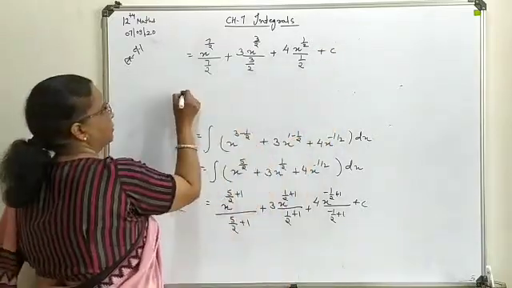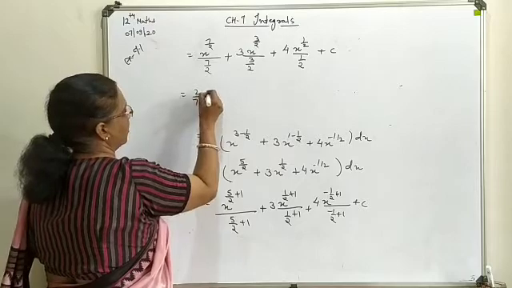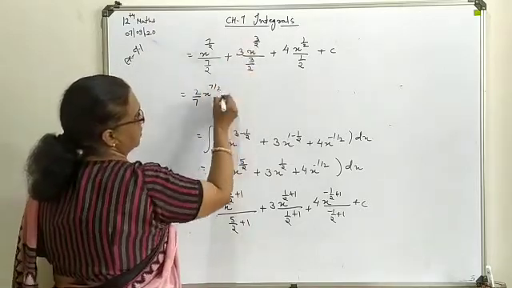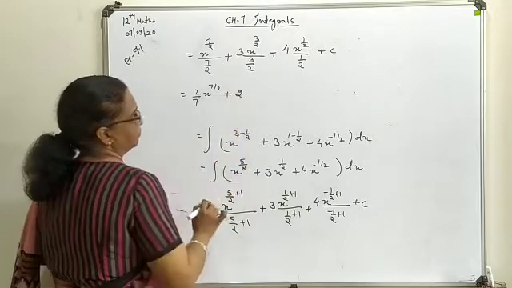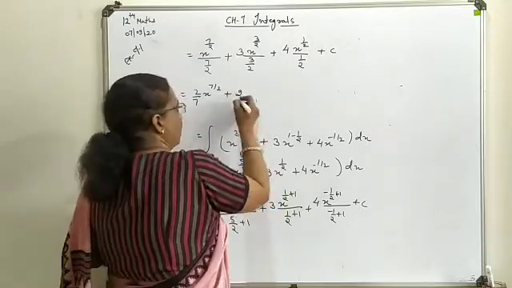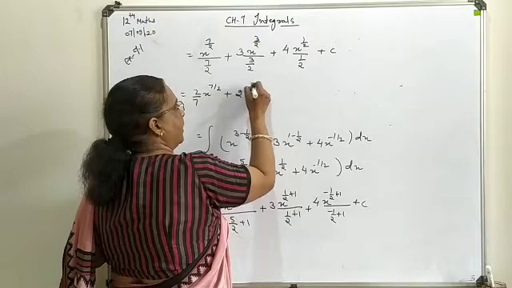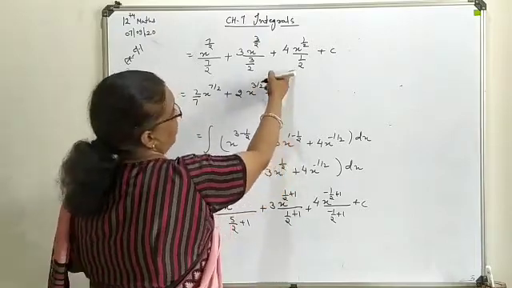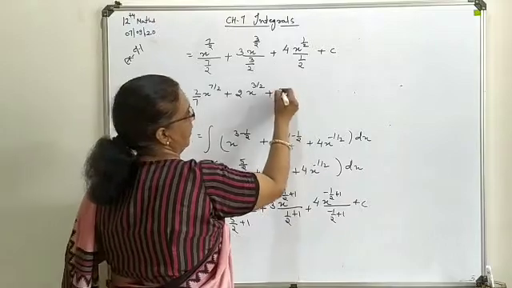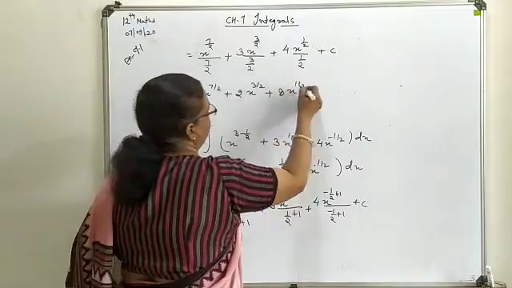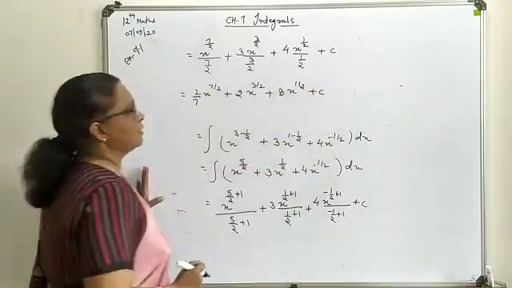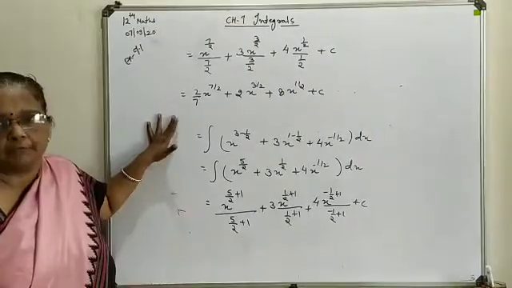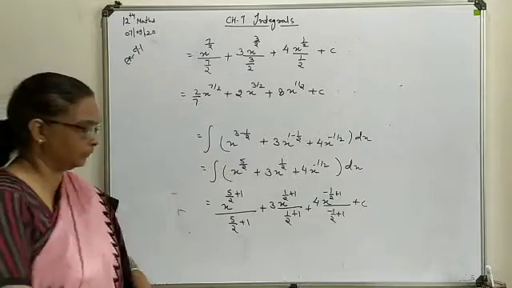All will be inverted, means it is 2 by 7 x power 7 by 2. This will be inverted, means 3 will cancel, so only 2 will come out here, x power 3 by 2, plus this will also be inverted, means 8 x power half plus c. So this is the final answer, the integrated form with the fractions.